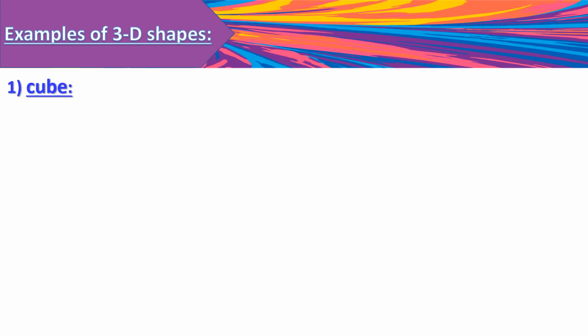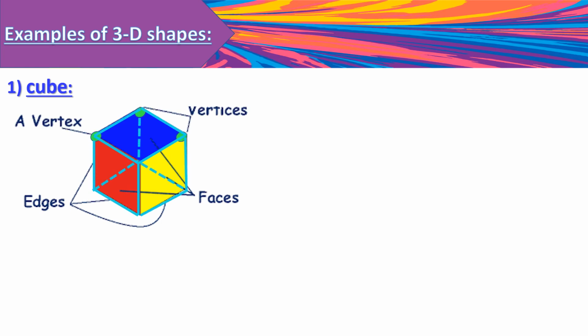Now let's start with the cube. The cube is like this photo. It has some vertices, faces, and edges. Let's count together. In this cube we have 6 faces. Any cube has 6 faces. This face is in the shape of what? In the shape of a square.